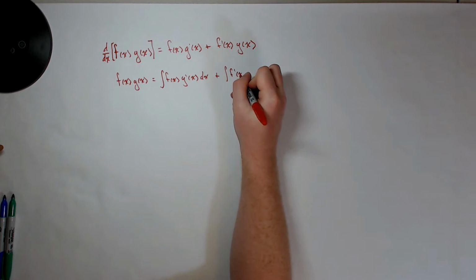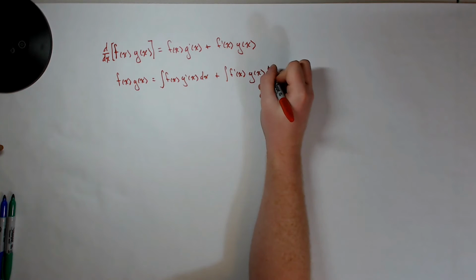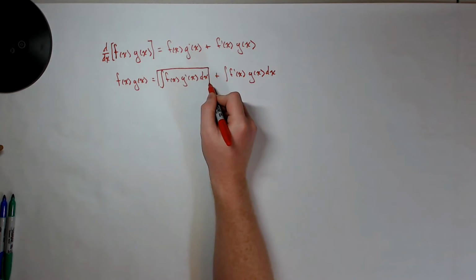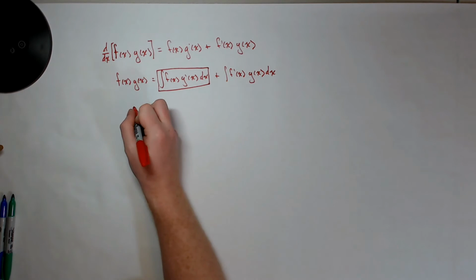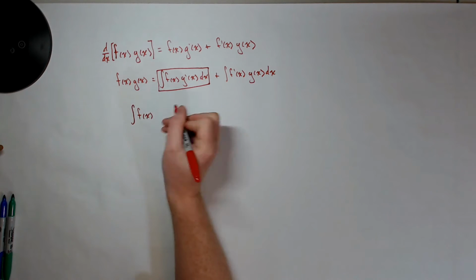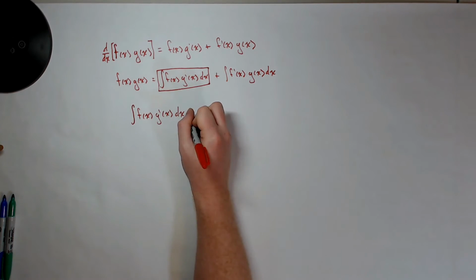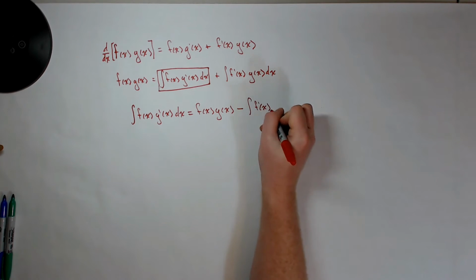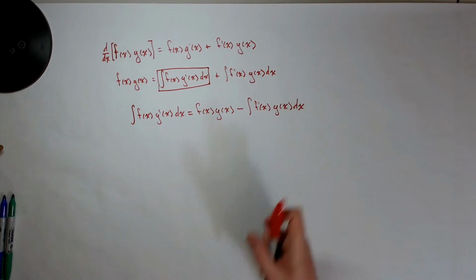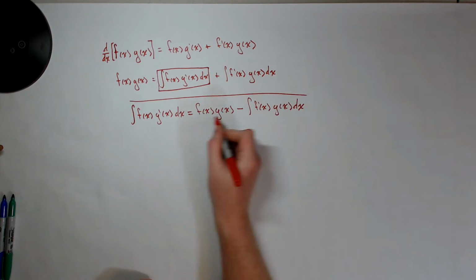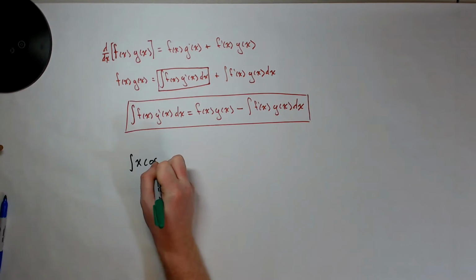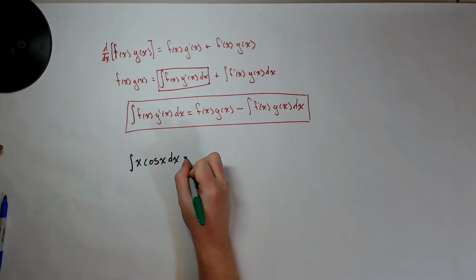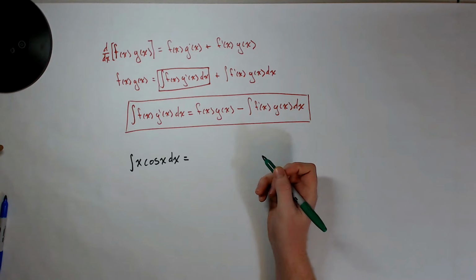Let's take the center one, the integral of f of x g prime of x dx. After a little bit of algebraic manipulation, we arrive at something rather interesting. This says that if I have the integral of a function times the derivative of another, there's actually a way of figuring that out. So let's examine the integral of x times cosine x dx.